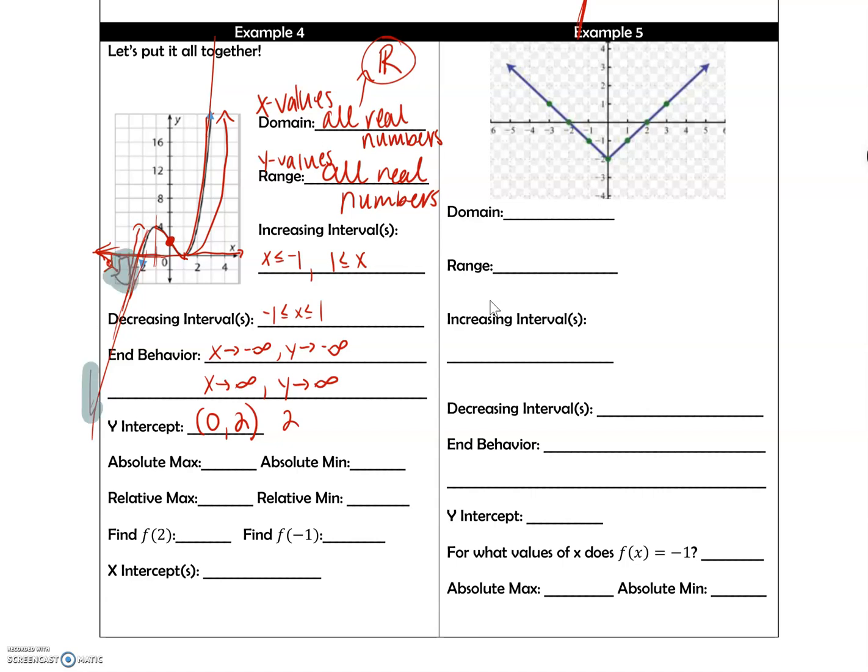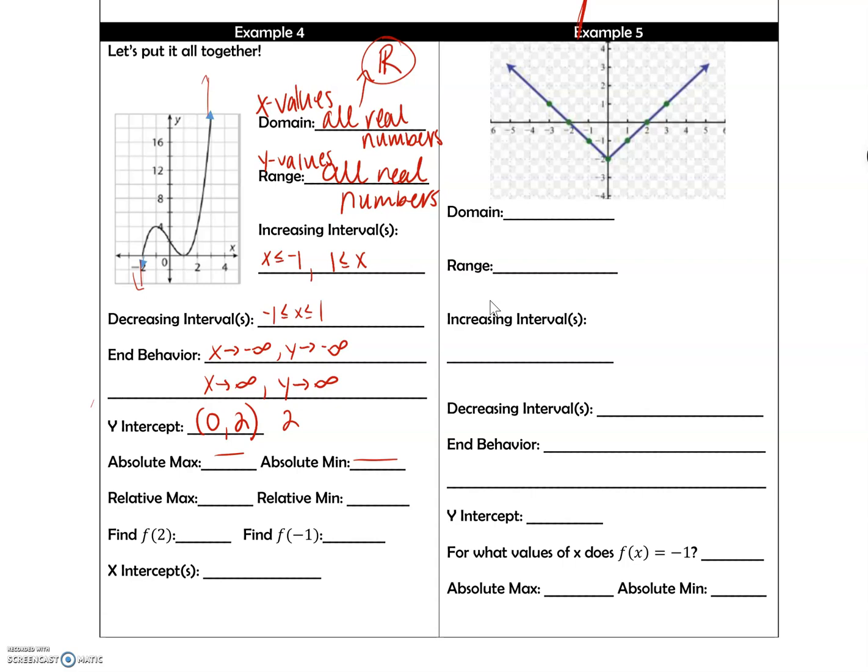A cubic function, which is what this graph is, does not have an absolute maximum or an absolute minimum. Why? Because this graph is continuing to go on forever, and it's never going to stop at a certain spot. So there is no absolute max or absolute min, but there is a relative maximum and minimum.